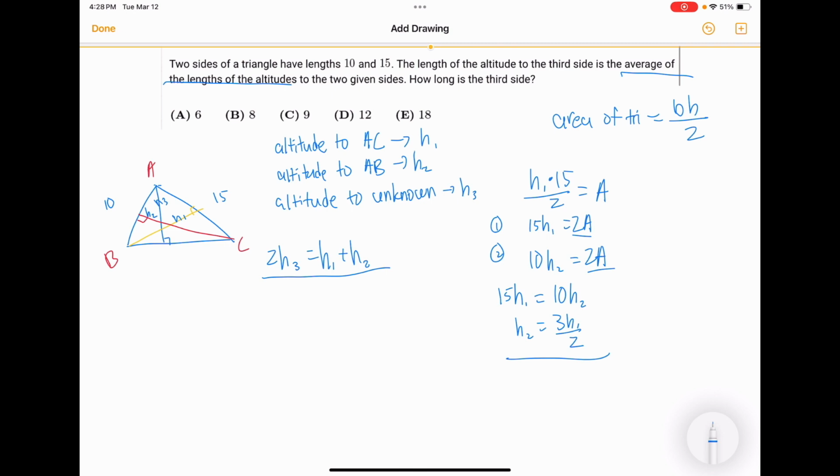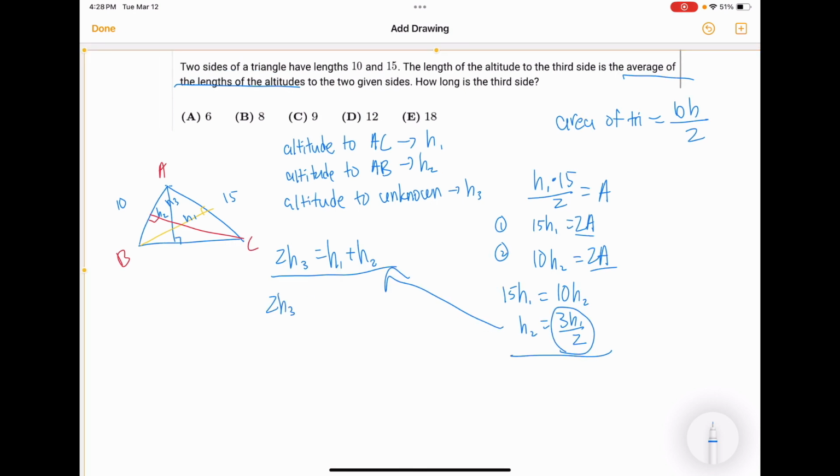And so we can substitute H2 into this equation. So we would get that H3 is equal to 5H1 over 4.